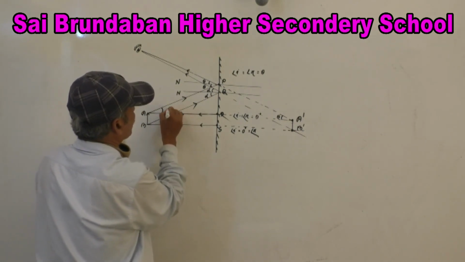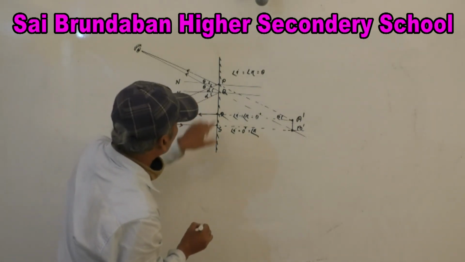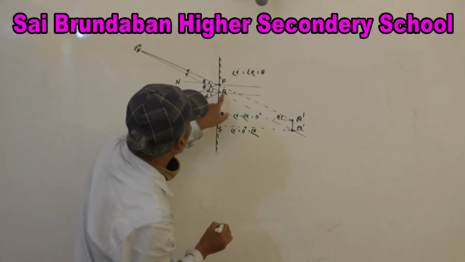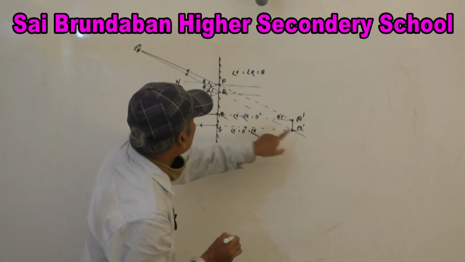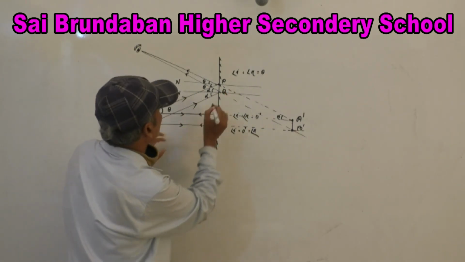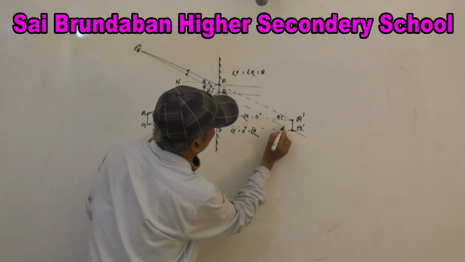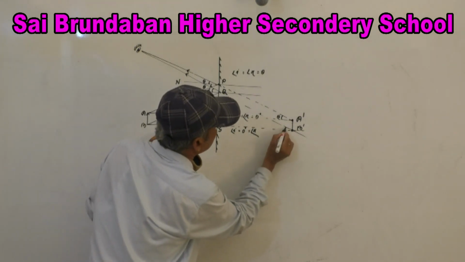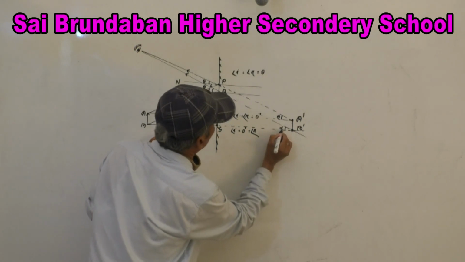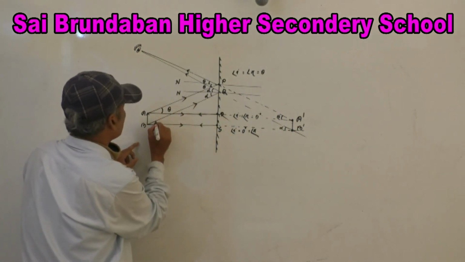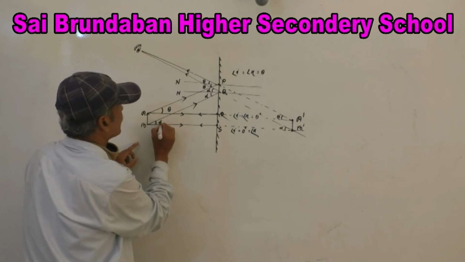Okay, let's come to the triangle B Q B dash. You see this angle is alpha, so no doubt this angle is alpha. Why is this angle alpha?